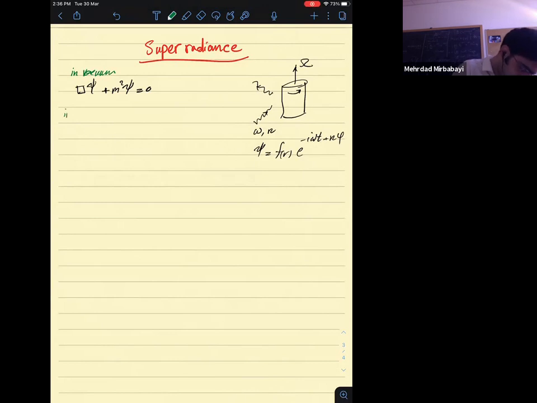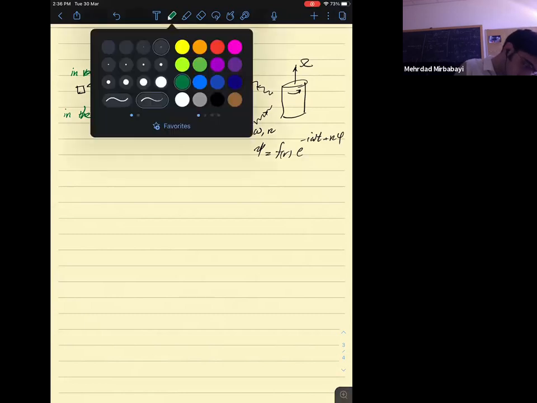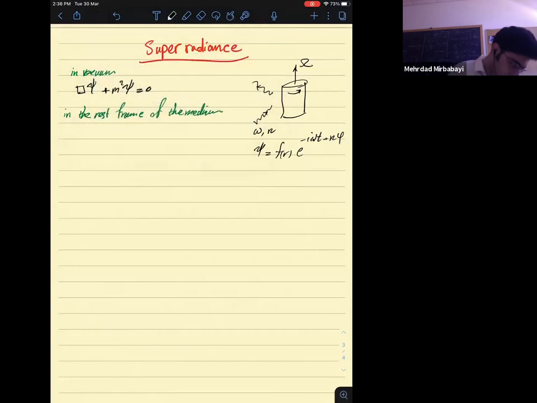Then he says we have a medium. So in the rest frame of the medium, here the medium is this copper cylinder, we have some dissipation inside this medium. That means that in this equation, box psi, there will be another term which plays a role of dissipation.